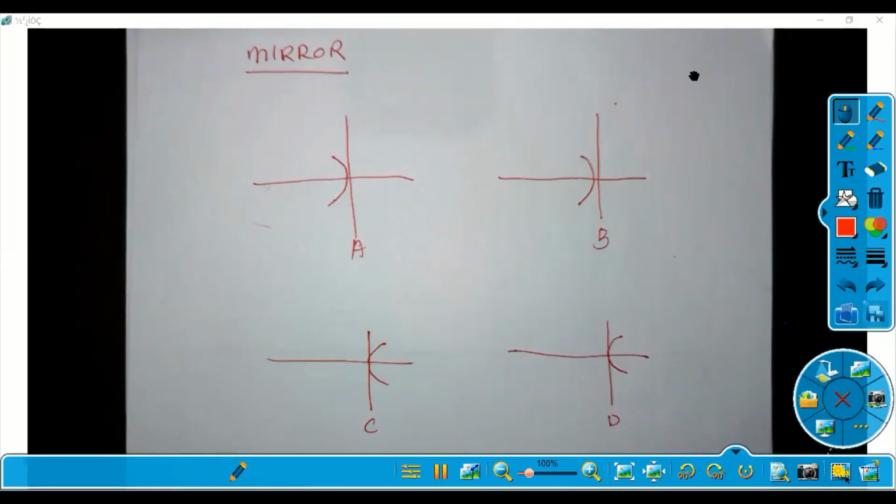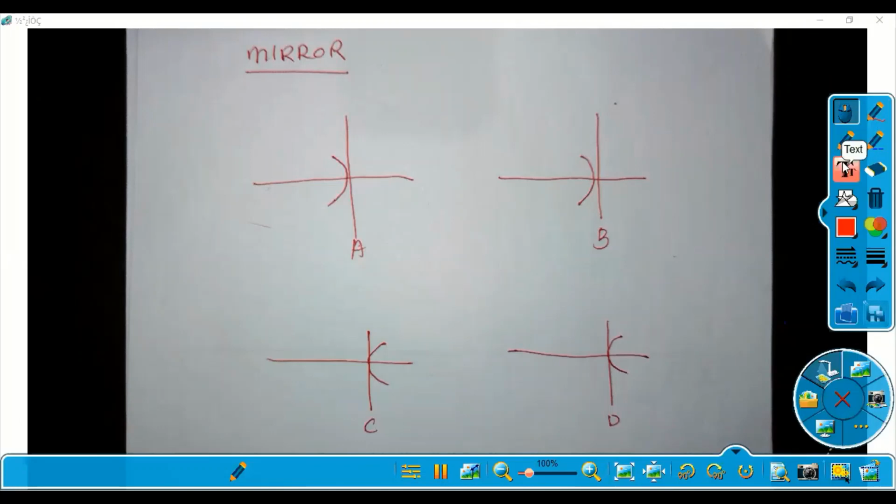mirror. And the other one, okay, so A can be a concave mirror, B can be a convex mirror.